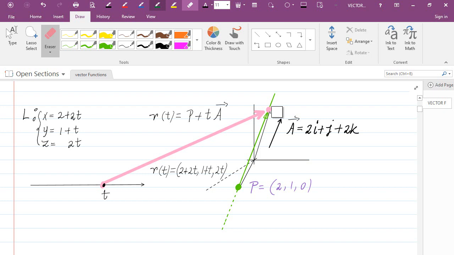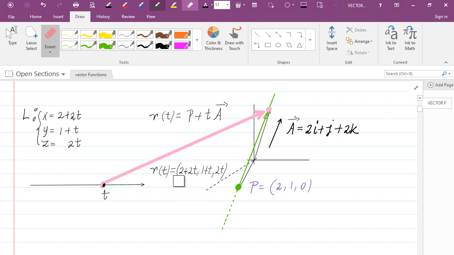So this R of t here then is what? I'm adding P and tA. So 2 plus 2t, 1 plus t, and then 0 plus 2t. So you remember we're adding P to t times A. So then R of t would be 2 plus 2t, comma 1 plus t, comma 2t.